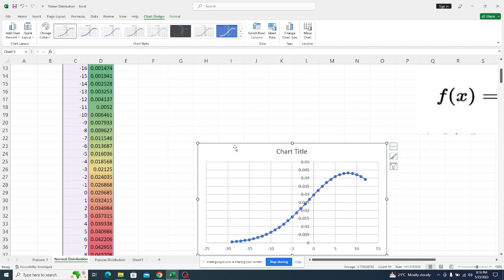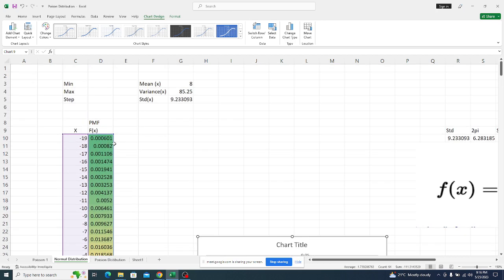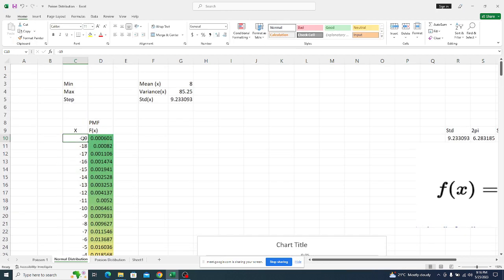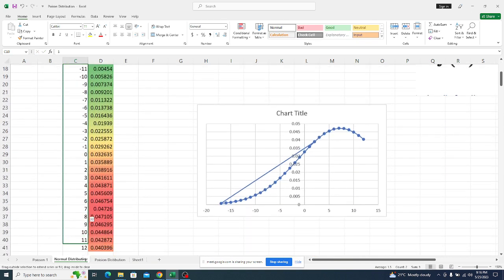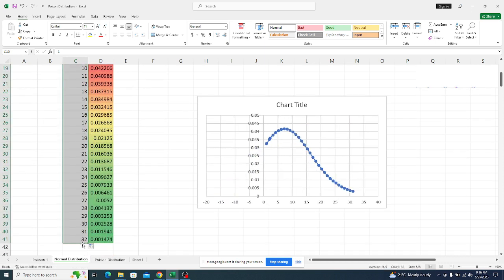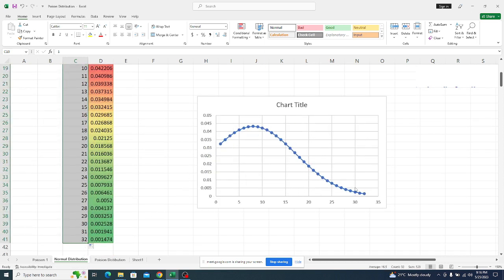That is for a normal distribution. If we change this and start it maybe at 1, then the data will be skewed to the right, and this is how the tail will change.